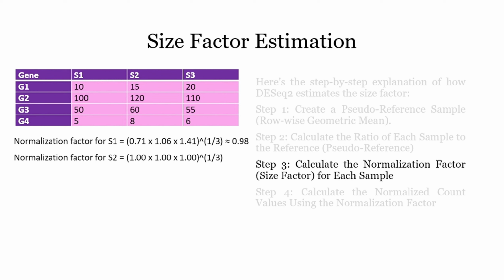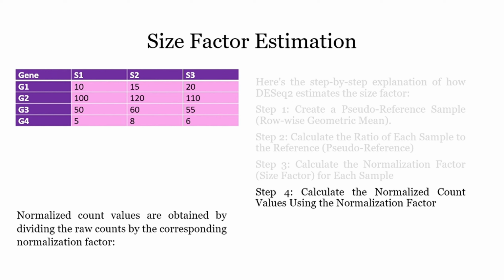Normalization factor for S2 is 1 times 1 times 1 to the power of 1 over 3, which gives 1. And the normalization factor for S3, 0.95 times 0.95 times 0.96 to the power of 1 over 3, which gives 0.96.